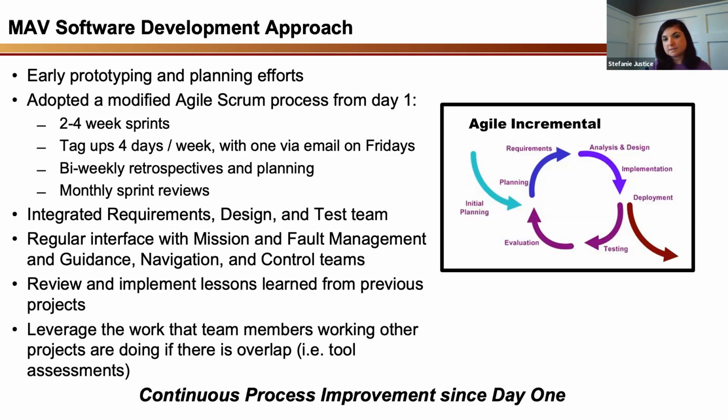They're able to assess those tools for the other project, but also try to do some early runs of those tools on our MAV prototype code so that we can support those decisions when we get to that point. So we've been using this process to really focus on iterative process improvements since day one.